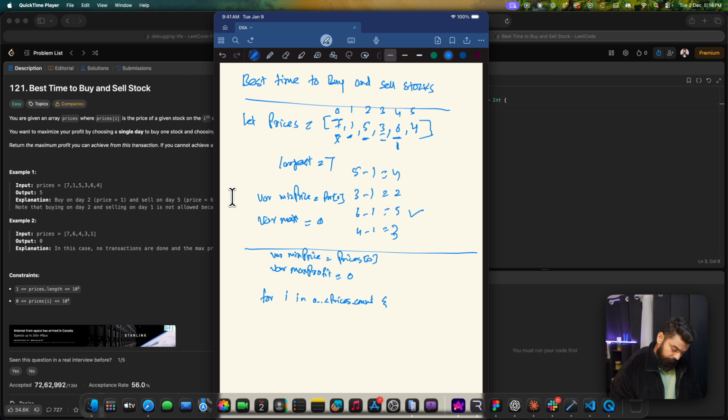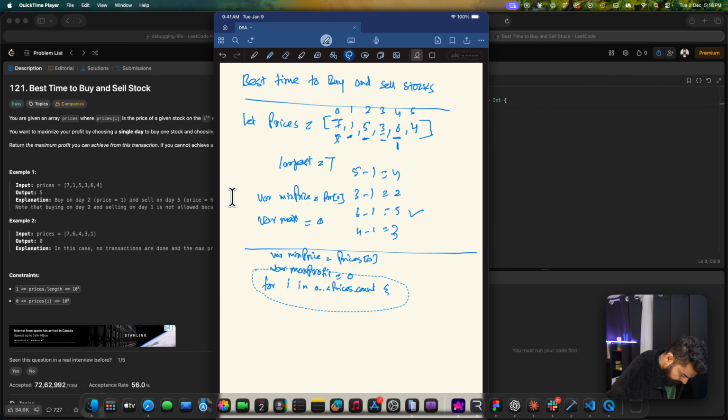Okay, so now the loop is already there. I have a little bit less space, so I'm going to move it again a little bit on the top, somewhere here. Okay, so this is good. So here I'll start comparing my prices with my max profit. I'll update max profit first, and then I'll update the min price.